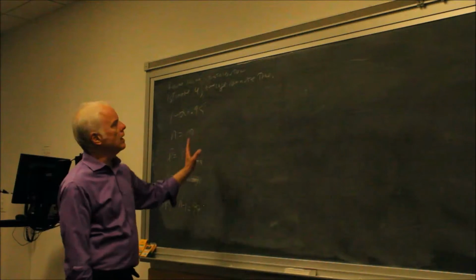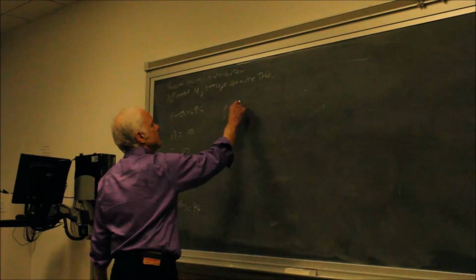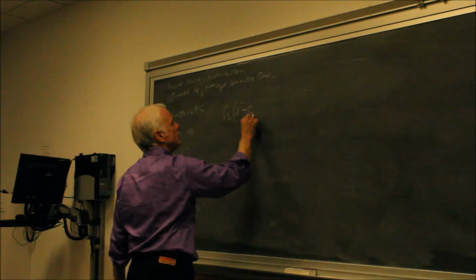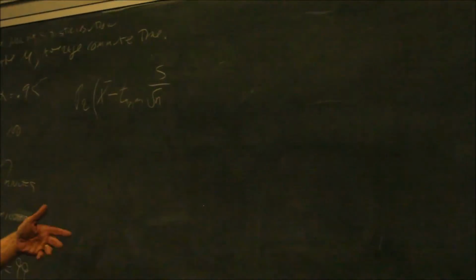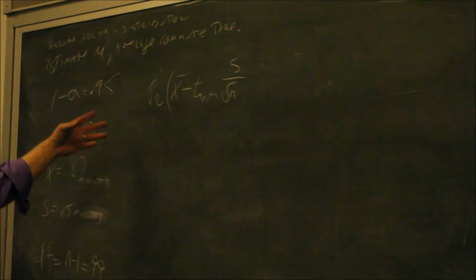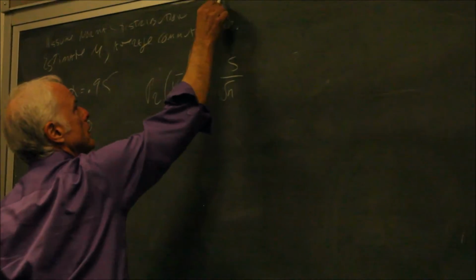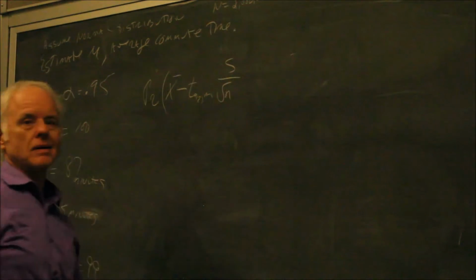So, formula: probability, x bar minus t, alpha over 2, n minus 1, s divided by the square root of n, and then this is a finite population correction factor, correct? Because we know, oh yeah, we said big N is equal to 2 million.